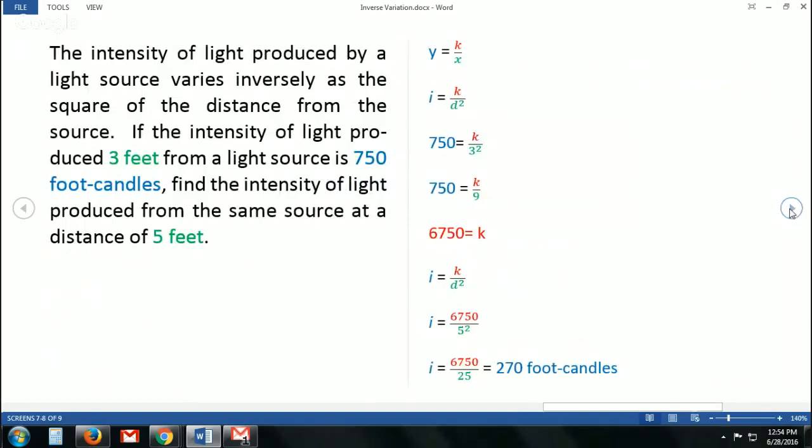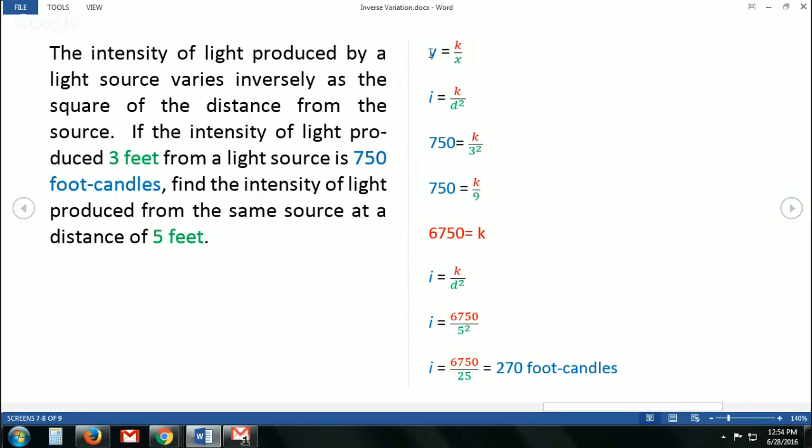The intensity of light produced by a light source varies inversely as the square of the distance from the source. If the intensity of the light produced 3 feet from a light source is 750 foot candles, find the intensity of light produced from the same source at a distance of 5 feet.